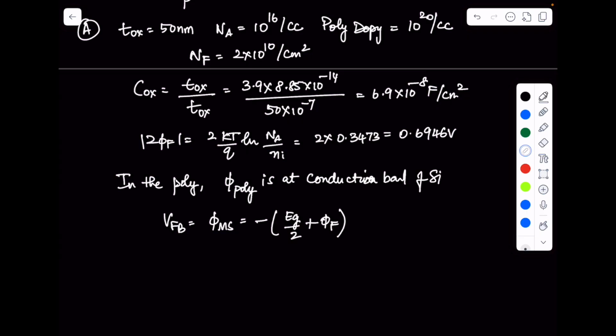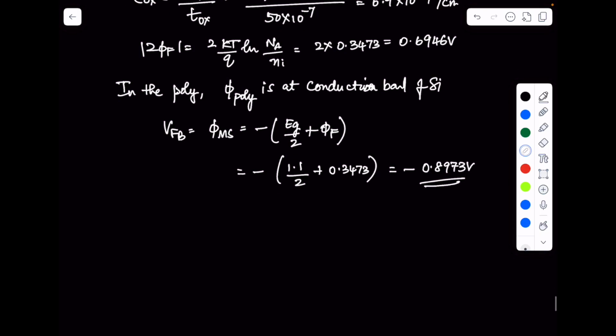That's because my phi m is sitting at the conduction band, and this is an NMOS process. So my phi m is lower than phi s. So therefore my phi ms is going to be negative. And so if I calculate that, that is going to be minus 1.1 by 2 plus 0.3473, which is minus 0.8973 volts.